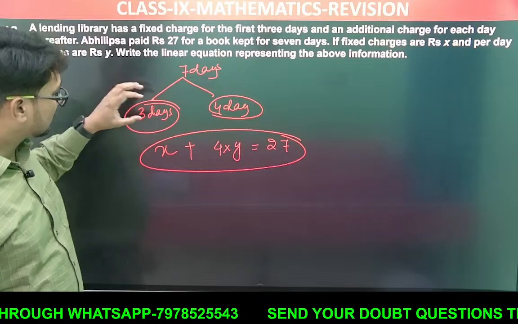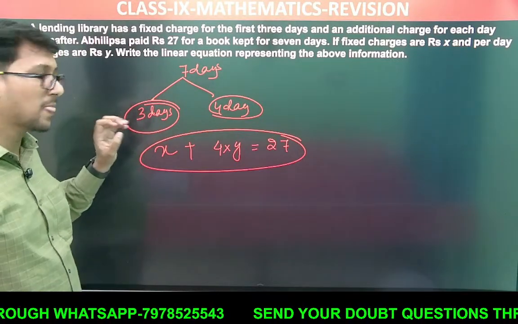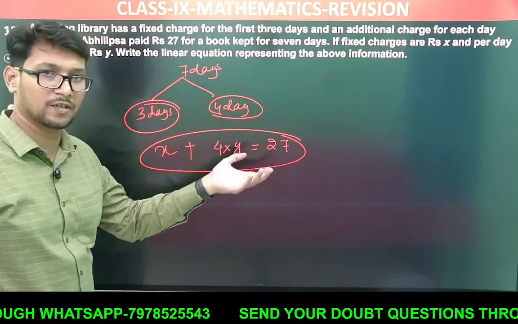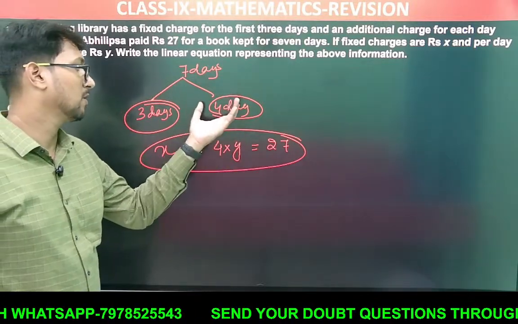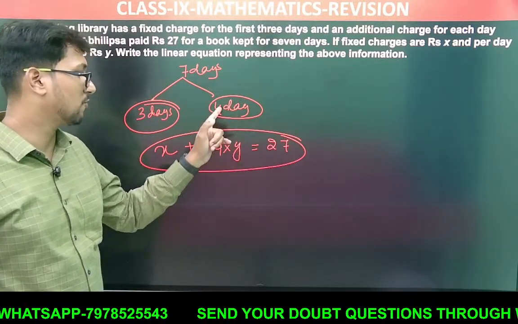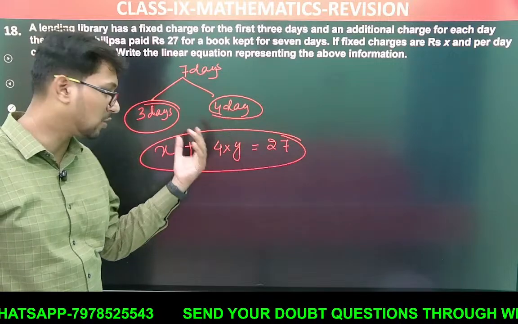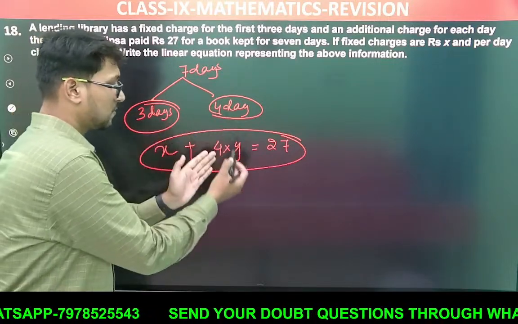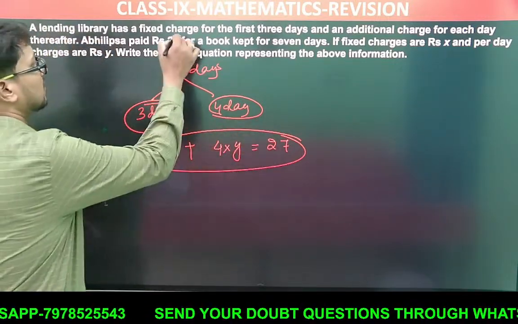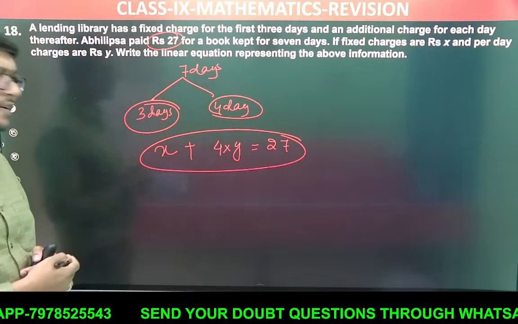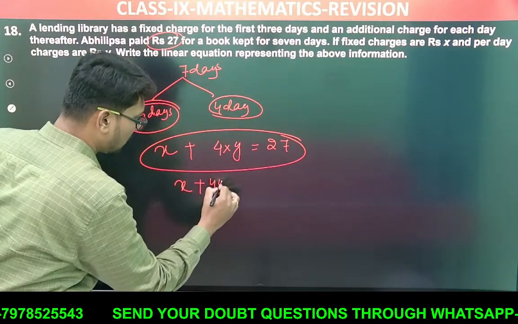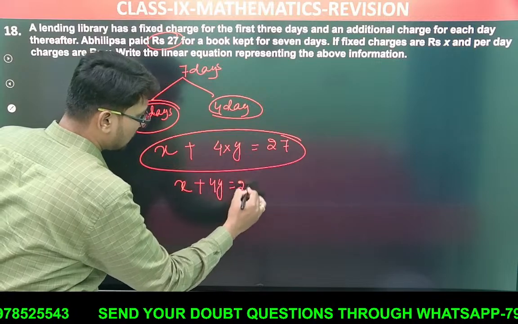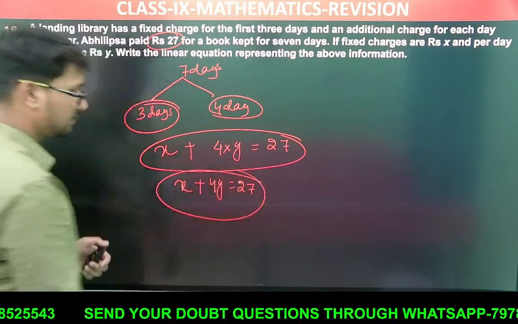So now the 3 days price is X rupees, and for the 4 days left after the fixed charges, each day is Y rupees. So 4 days cost is 4 into Y. So total cost X plus 4Y equals 27, because she has paid 27 for 7 days. And the equation is X plus 4Y equals 27 rupees.